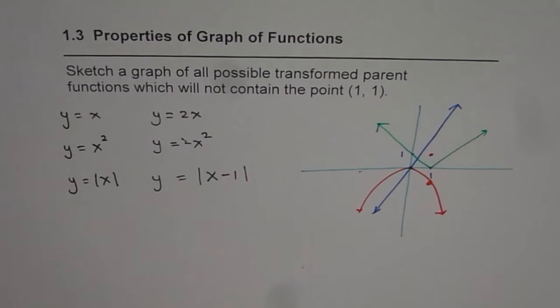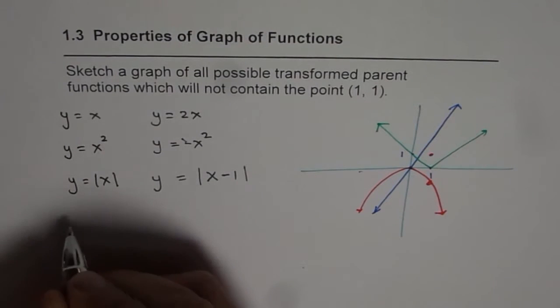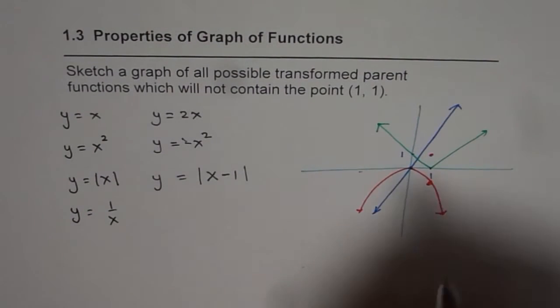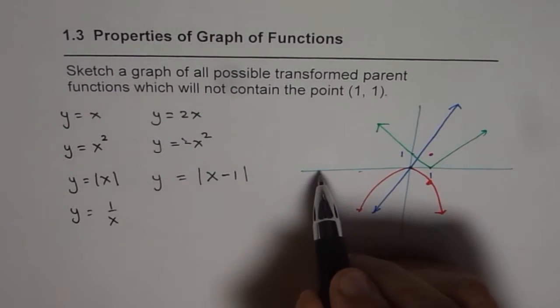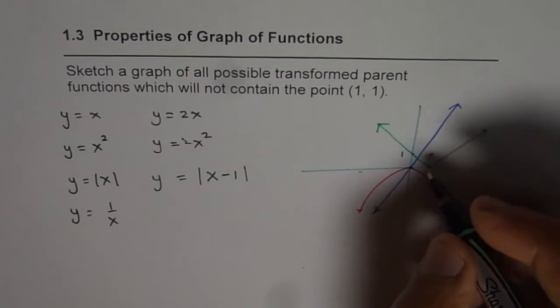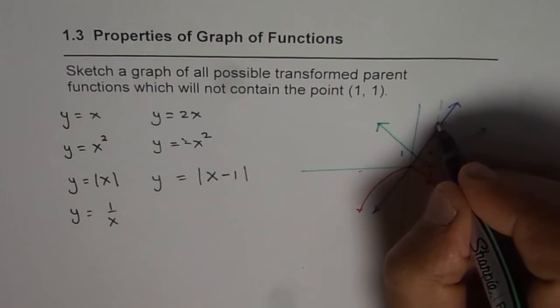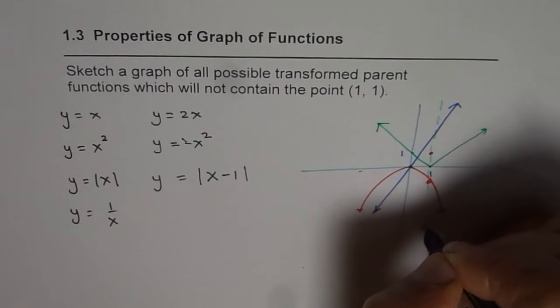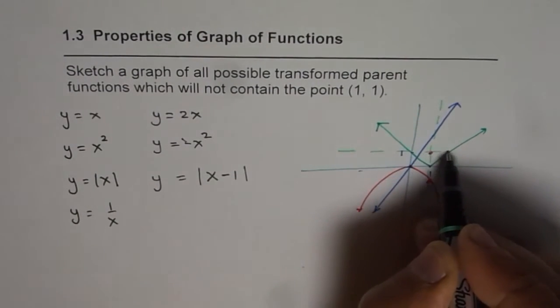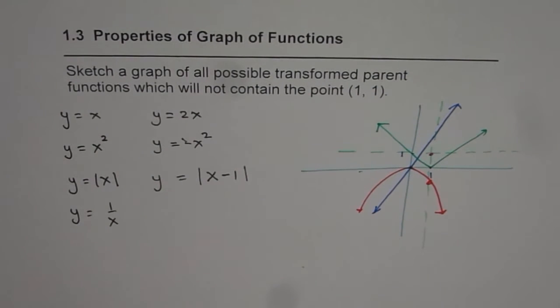Now if you are considering the reciprocal function, which is y equals 1 over x, right? Here also the horizontal and the vertical asymptotes are along the x and y axes. So what you can do is translate your function so that you have the vertical asymptote along x equals 1 and the horizontal asymptote along y equals 1.